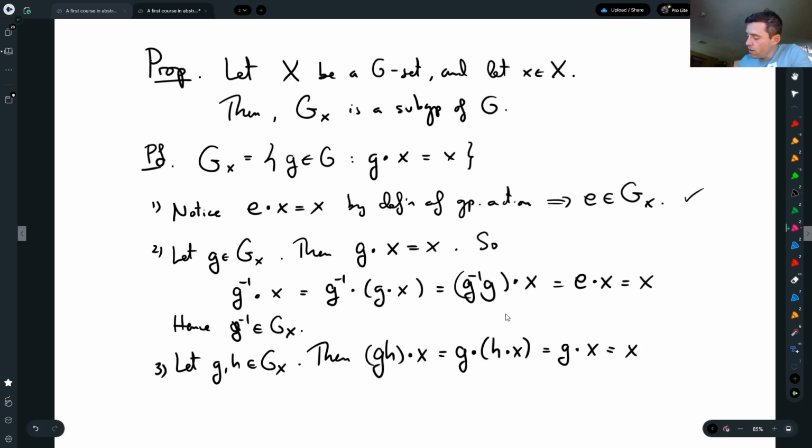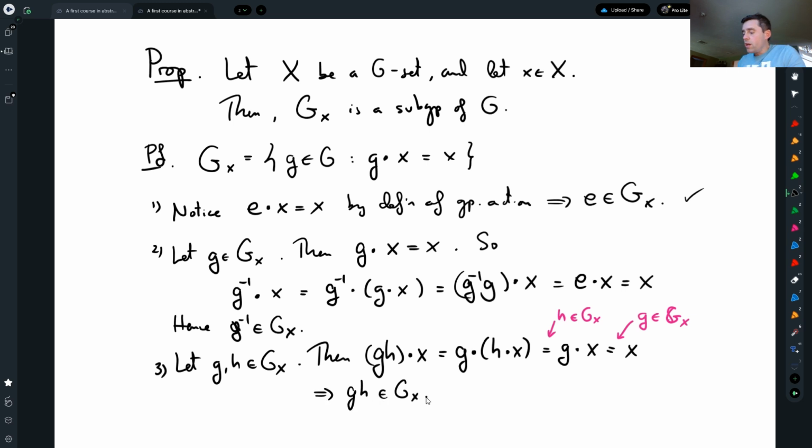So here we used that h is in the stabilizer, and here that g is in the stabilizer. Therefore, gh also fixes x, and therefore gh is in the stabilizer. So the stabilizer contains the identity, it's closed under inversion, and it's closed under multiplication. Therefore, the stabilizer is a subgroup of G, which is what I wanted to show.